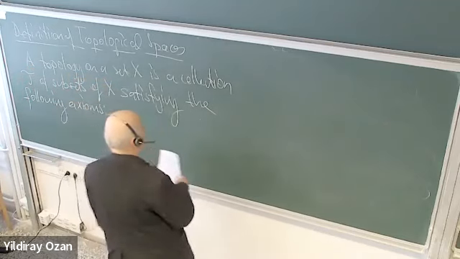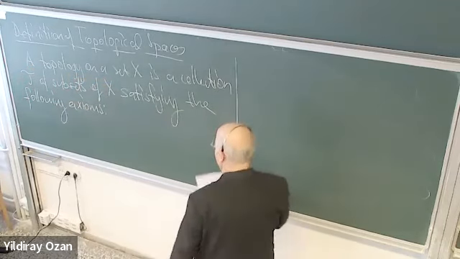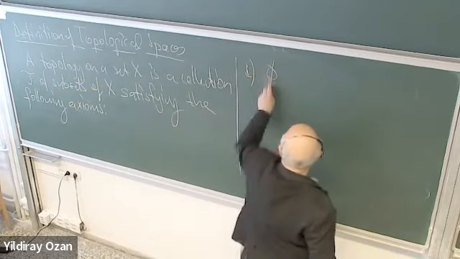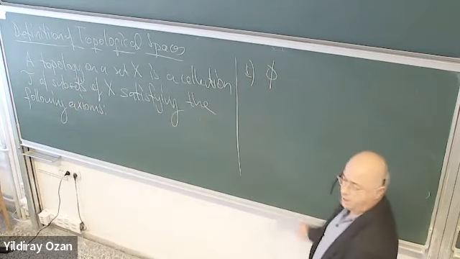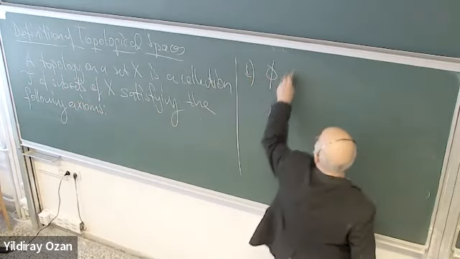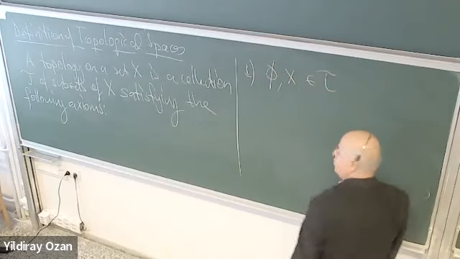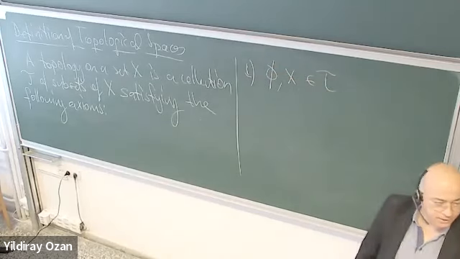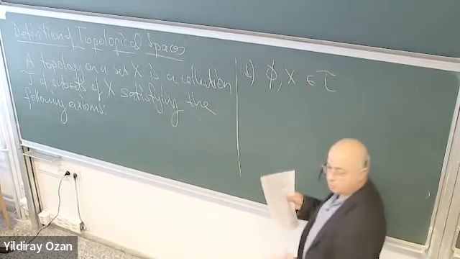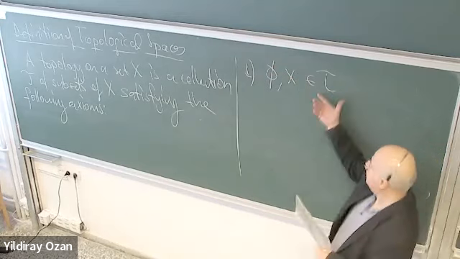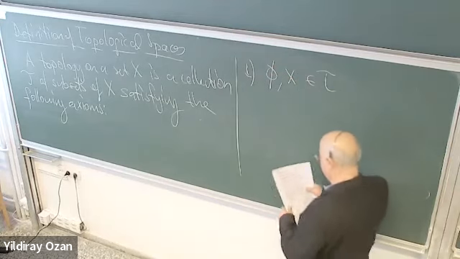What are those axioms? As subsets, the empty set and X itself should belong to this collection. Both the empty set and X. So the smallest and the largest subsets are elements of this topology.